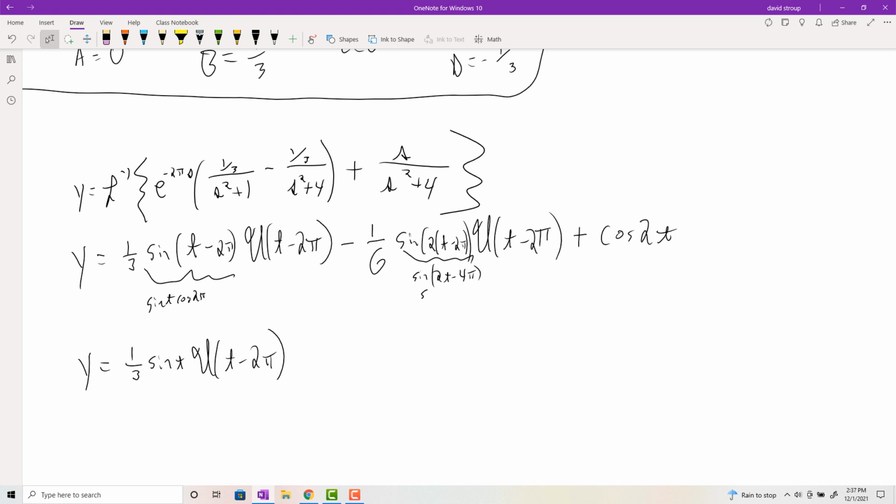And of course, same sine formula, sine 2t cosine 4 pi minus 0, because sine of 4 pi will be 0. So this will just be sine of 2t. So minus 1/6 sine of 2t, and then finally plus this cosine part, the cosine 2t. And that will do it.